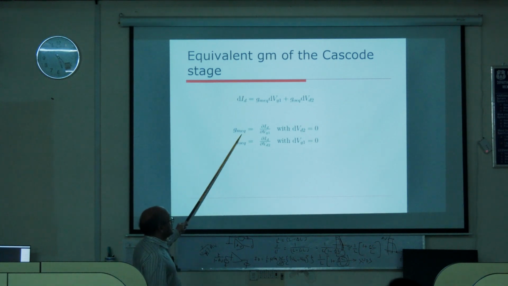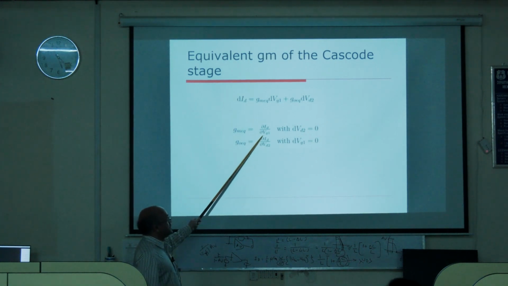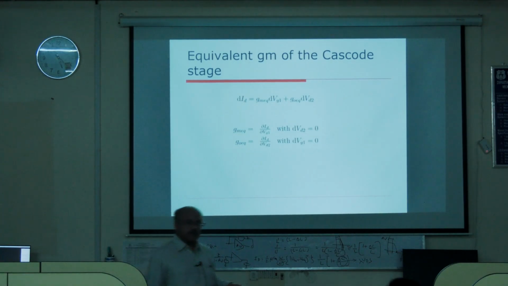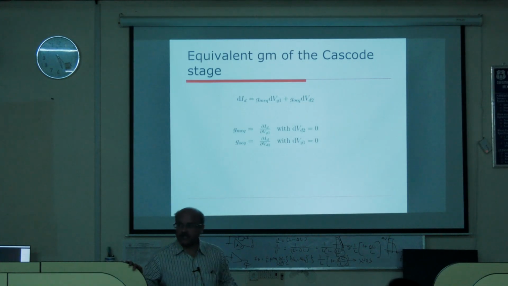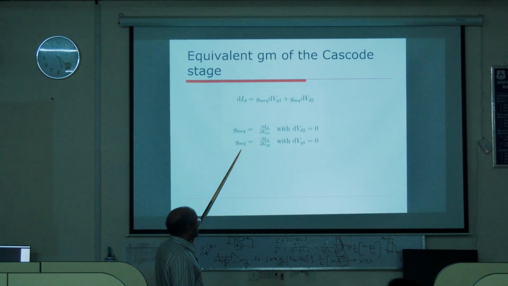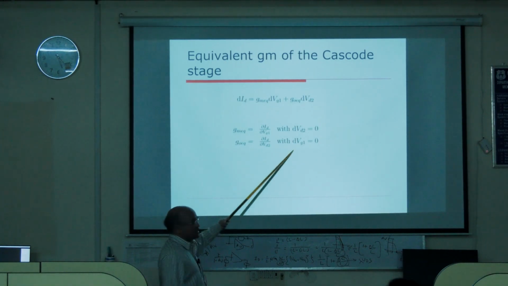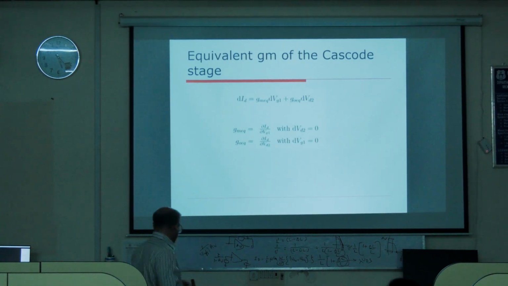Now gm equivalent is dID by dVG1 with dVD2 equal to 0, because I want to see the variation in the current only due to the variation in VG1. So VD2 I am trying to mute. Similarly, g0 equivalent is dID by dVD2 when dVG1 is 0.